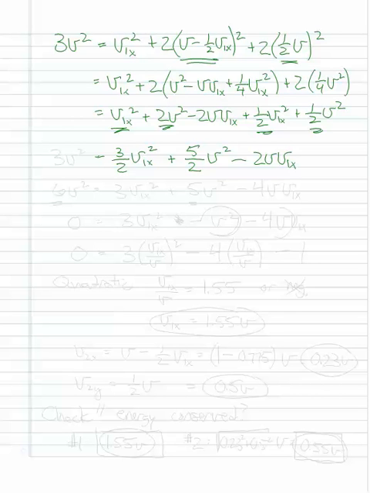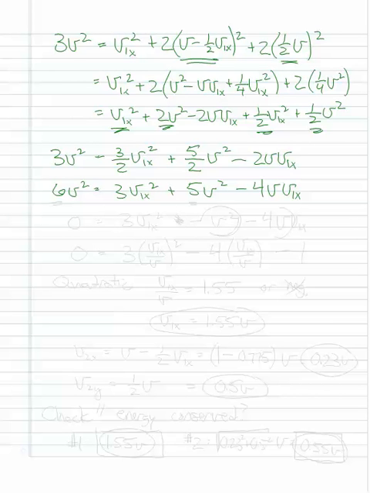Oh, and I have a 3v squared over here. So these halves are kind of creeping me out. So I'm going to multiply both sides by 2. 6v squared is 3v1x squared plus 5v squared minus 4v v1x.